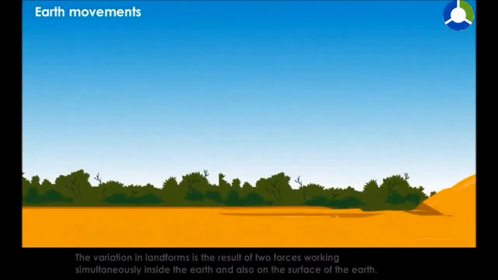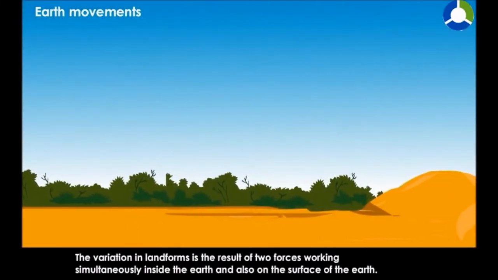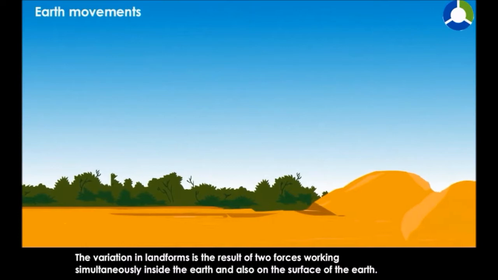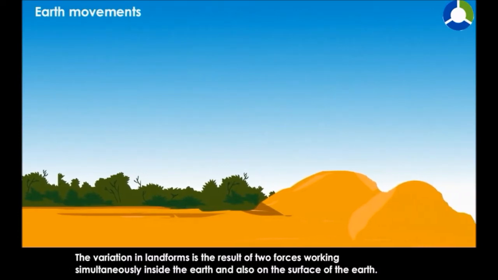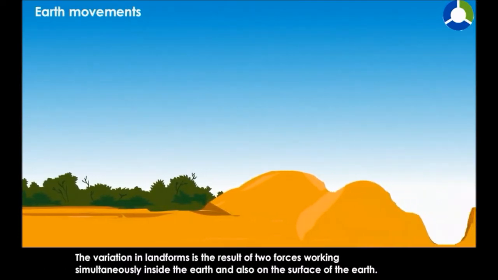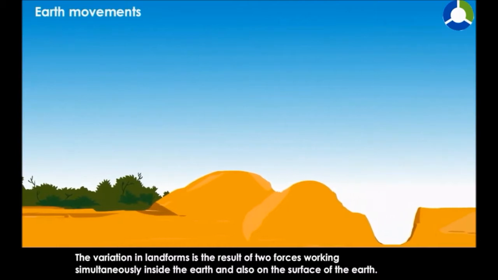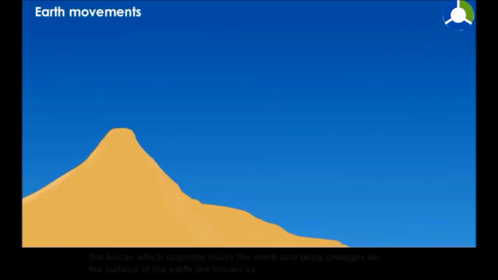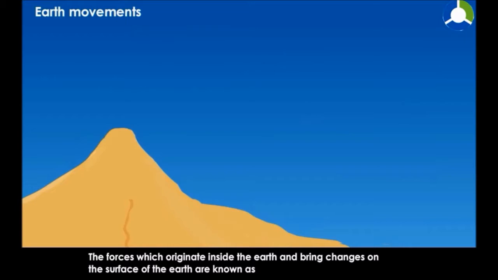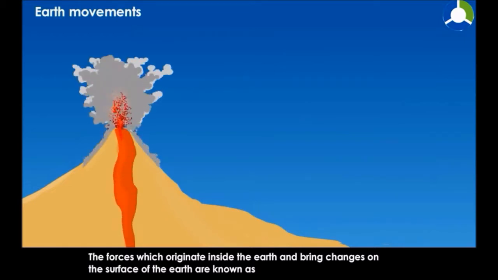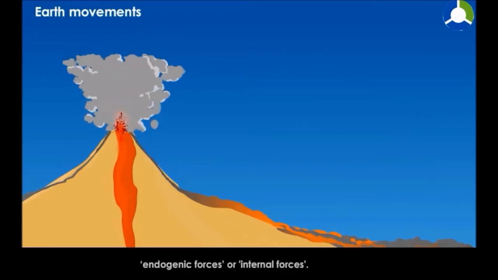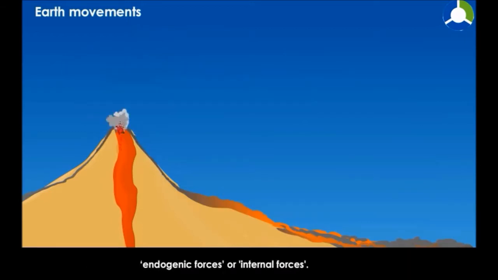Earth movements. The variation in landforms is the result of two forces working simultaneously inside the earth and also on the surface of the earth. The forces which originate inside the earth and bring changes on the surface of the earth are known as endogenic forces or internal forces.